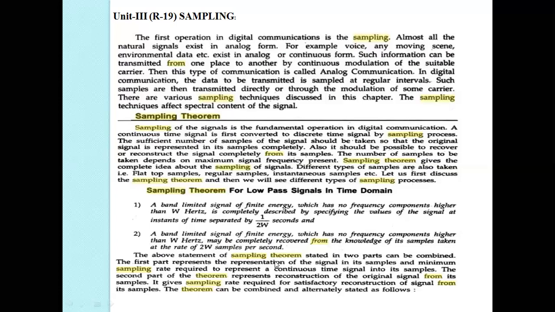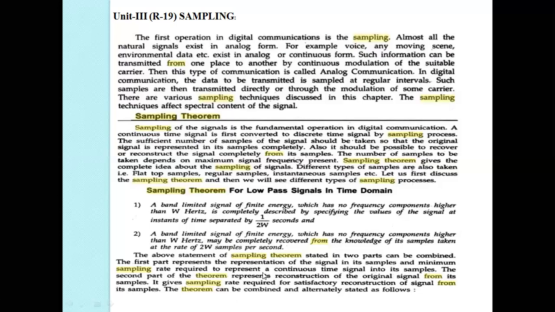The above statement of the sampling theorem states that two parts can be combined. The first part represents the representation of signals in its samples and the minimum sampling rate required to represent a continuous time signal in samples.